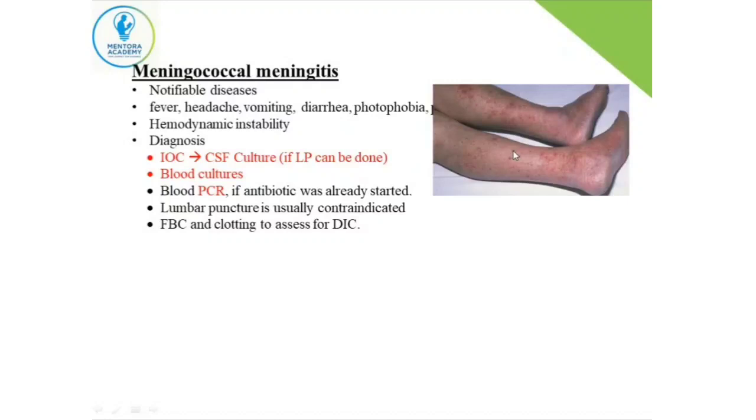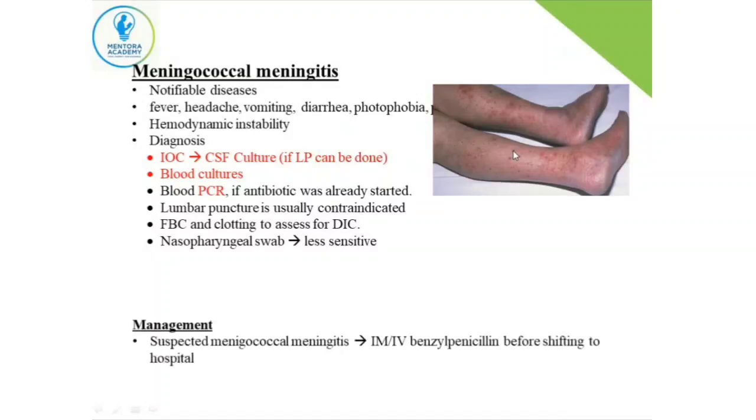So before doing the meningococcal meningitis workup, you need to check the full blood count, look for clotting factors, look at the coagulation profile to rule out disseminated intravascular coagulation, because that's a common finding in meningococcal meningitis. A nasopharyngeal swab for the bacteria would be less sensitive.